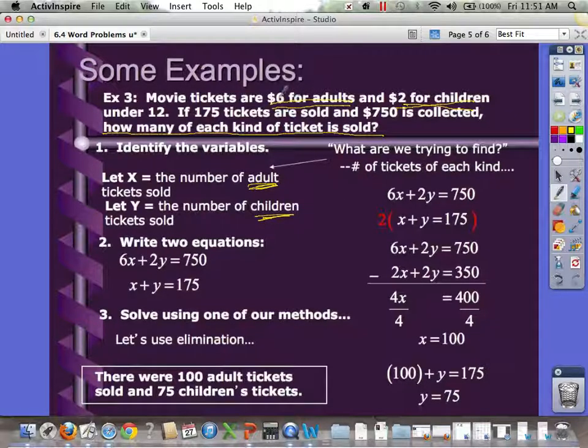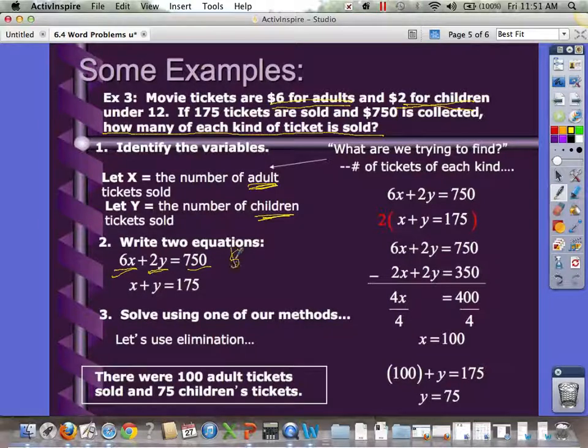We have $6 for an adult ticket, and we said X was the adult ticket. So $6, notice that's money, for the adult tickets, $2 right here for the children's ticket. So that's money, money. Then how much was collected money-wise? $750. So see, it goes money, money, money. Make sure you watch that.